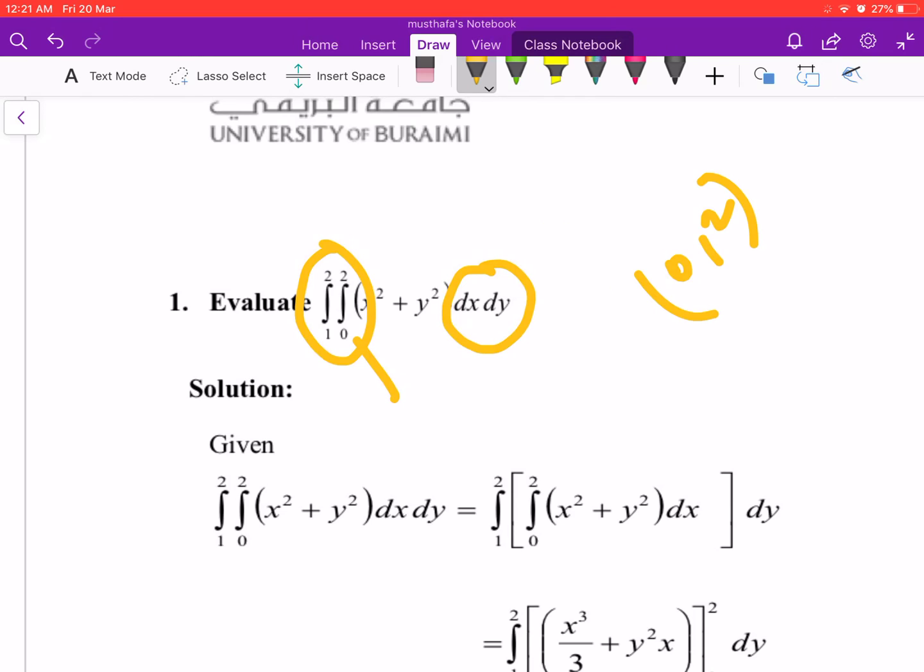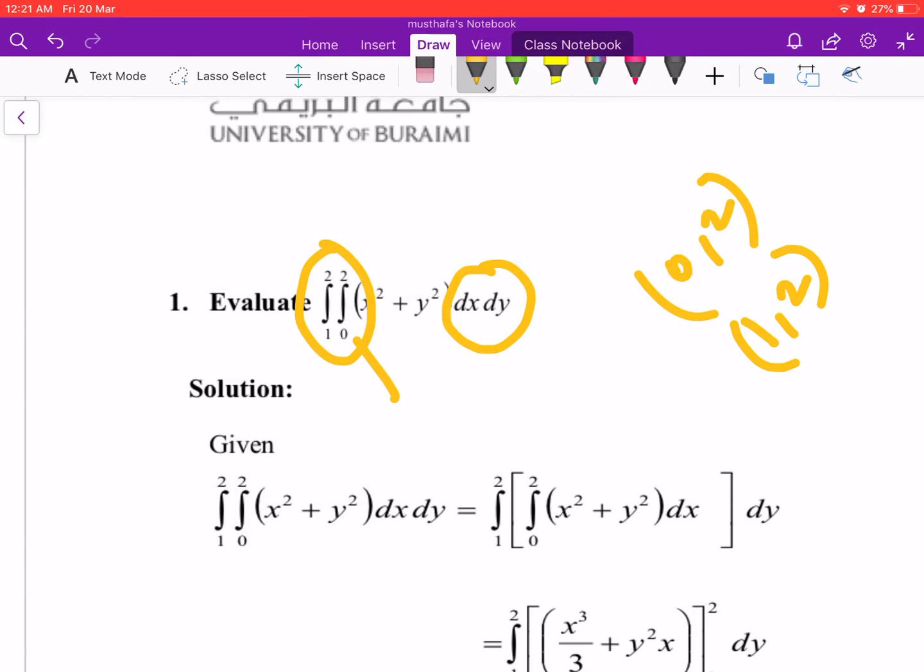Look at the outer limit. The outer limit varies from 1 to 2. Again, it is a constant. If your two integral limits are represented by constant numbers, that means the given integral falls under a constant limit problem.